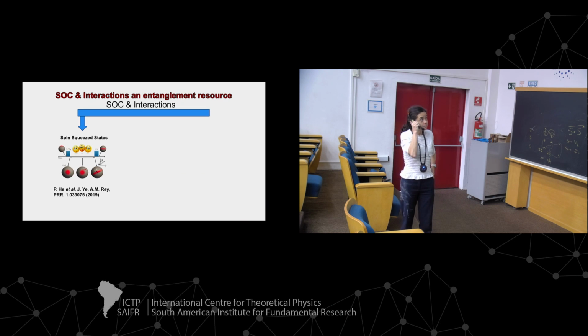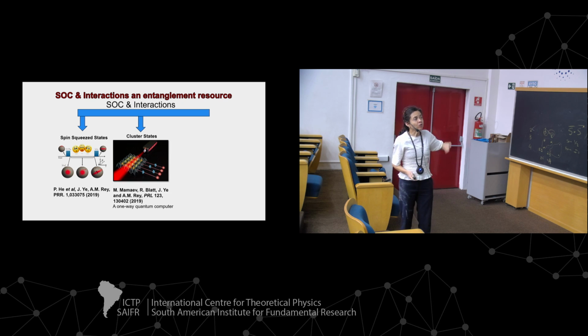Now, in this last part, I'm going to tell you a little bit about spin orbit coupling with interactions. In principle, they are useful for generating spin squeezing states, but Nicolo is going to talk about spin squeezing, so maybe I'm going to skip that part. Then I'm going to tell you a little bit about how we can use these systems for generating cluster states.